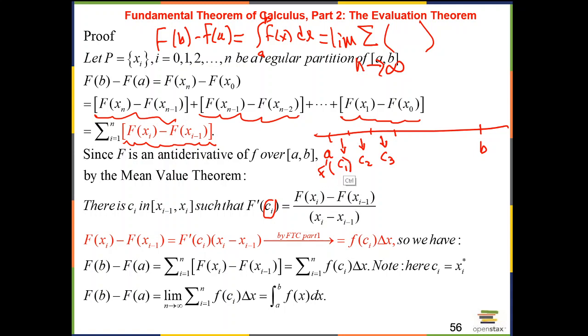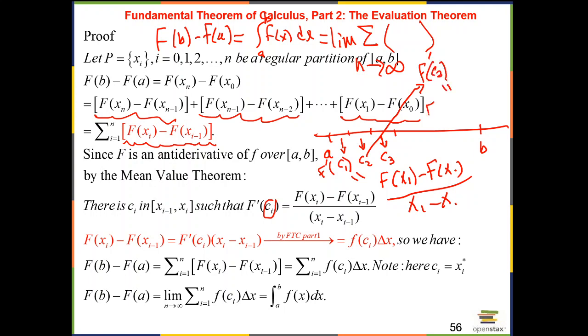So in this case, this has to equal f of x1 minus f of x sub 0 over x1 minus x sub 0.